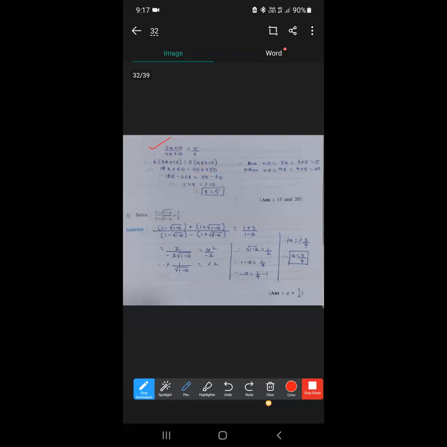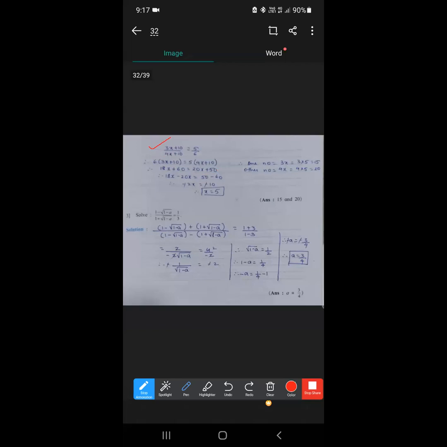Okay, this is the constant term. Now, what is our question? Find the numbers. We have assumed the first number as 3x and the other number as 4x.